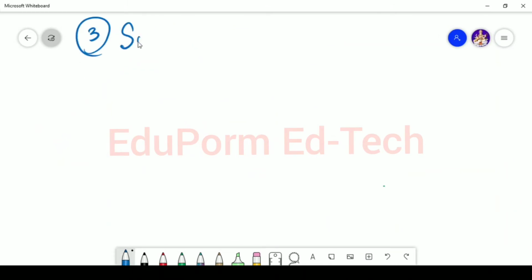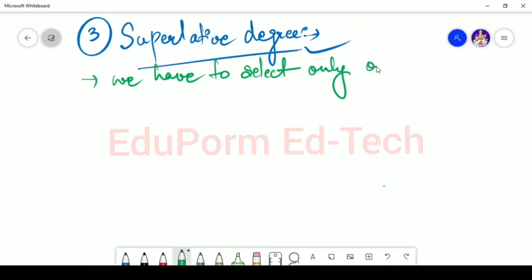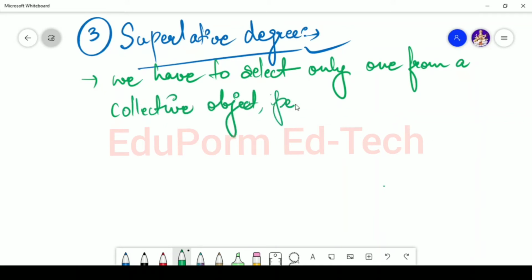Okay, now let's learn about the third degree. The third degree is known as the superlative degree. Now what does the superlative degree do? The superlative degree is basically used when we have to select only one from a collective object, person or thing.